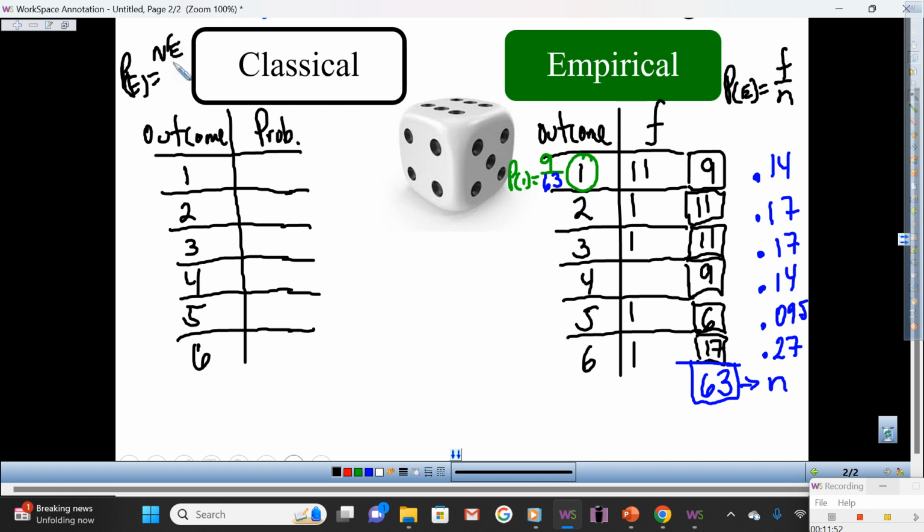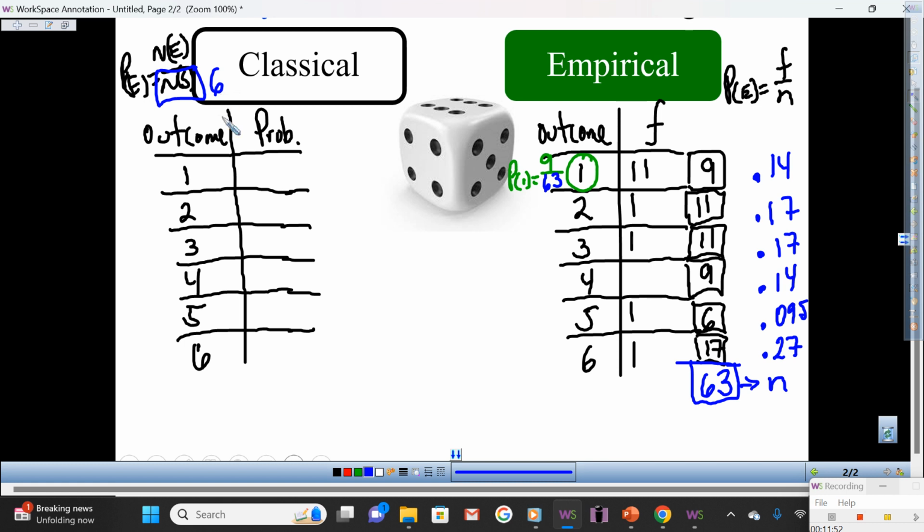N of E, is that correct? Over N of S. Okay, so here we go. This is going to go really fast. Question. In one die, how many total outcomes? 6. Well, guess what? That's going to be our N of S. 6.